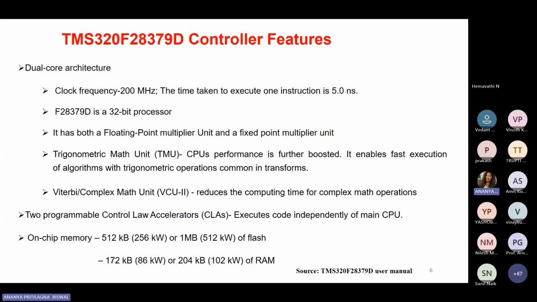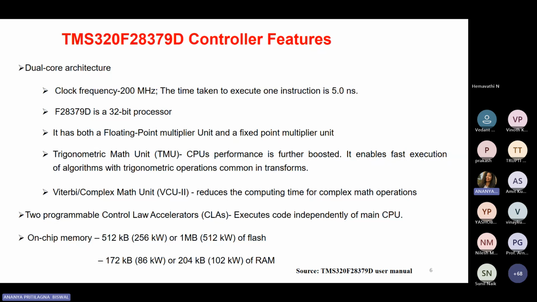The trigonometric math unit further boosts CPU performance. It enables fast execution of algorithms with trigonometric operations common in transforms. It also has various complex units which reduce the computing time. Two programmable control law accelerators also execute code independently.